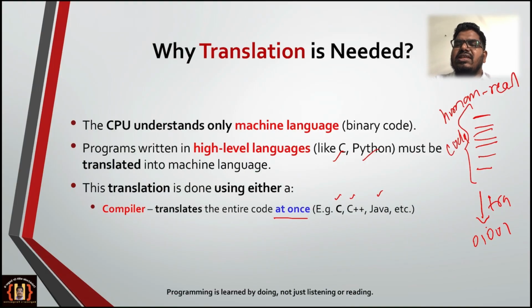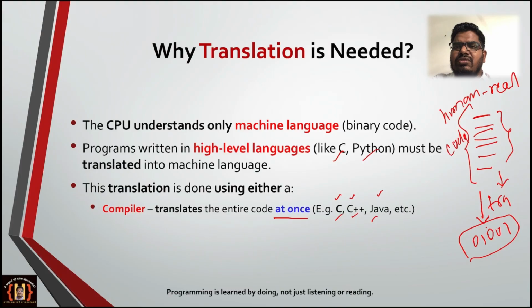The code written in these is translated at a time into machine code using the compiler. Translated means these high level instructions are translated into zeros and ones. That is the job of the compiler. What are the compiled languages? C, C++, and Java are compiled languages.